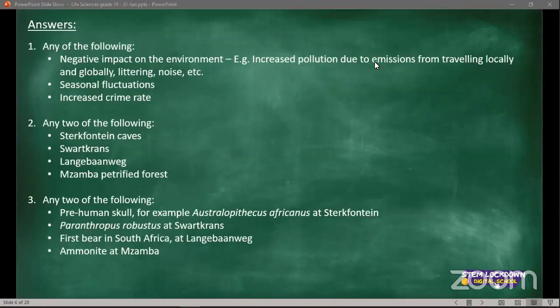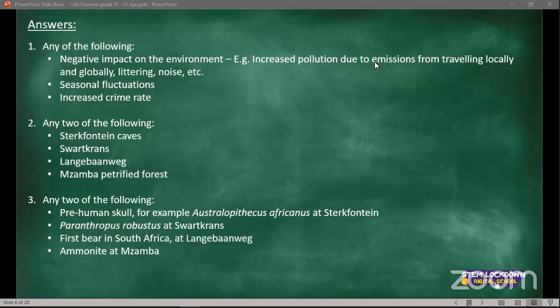Okay, guys? And I came up with the other one, said it causes increased crime rates. You know that South Africa is linked with crime. So Dr. Carl R. Johnson is asking, how does it increase crime, ma'am?